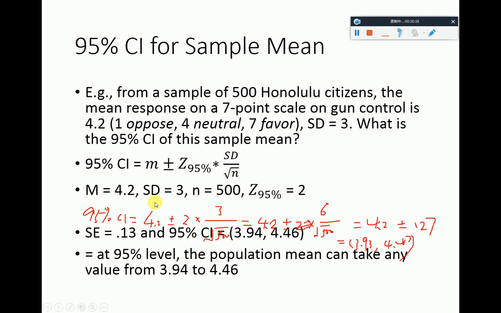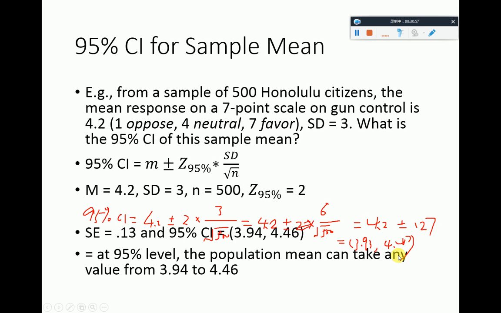But we said before, this point estimate, useful as it is, is actually not certain, right? There will be uncertainties about this point estimate because if we draw a different sample, we'll have a different value. And by doing the calculation, we know that the fluctuation or uncertainty is bounded by this interval. That is, the average attitude toward gun control can be as low as 3.93 and can be as high as 4.47.